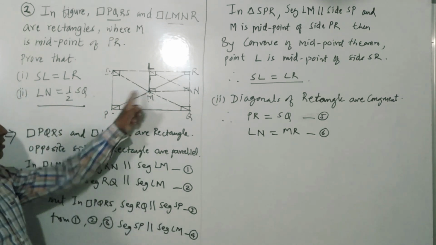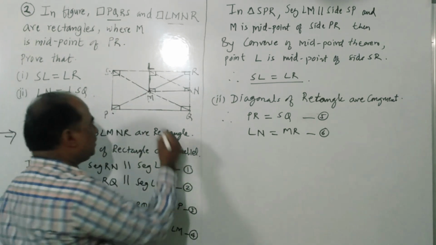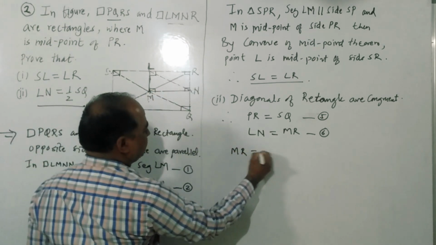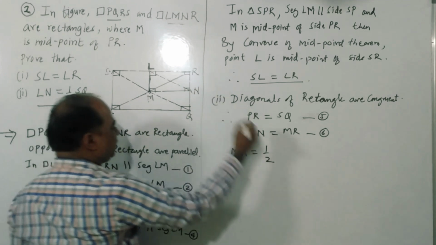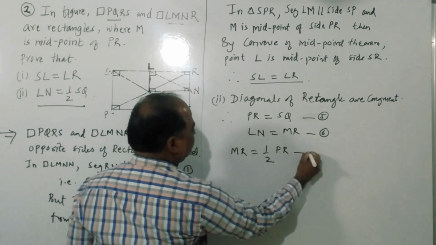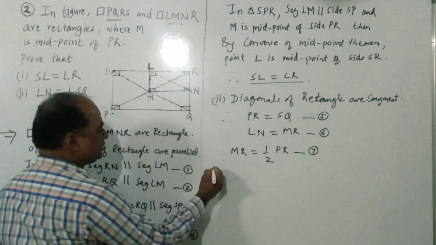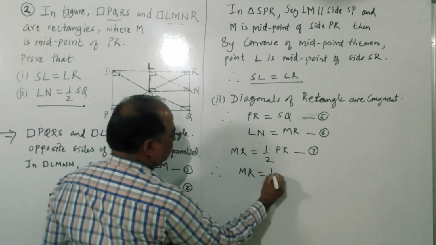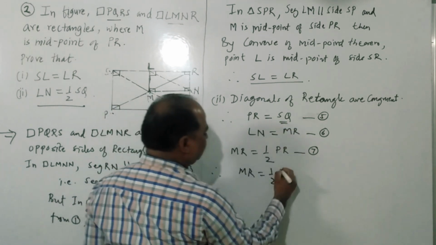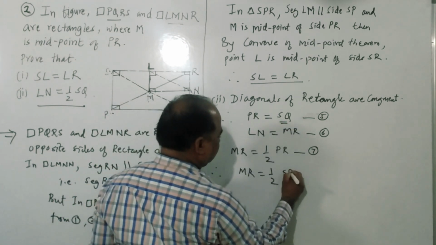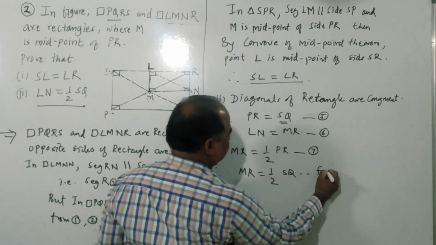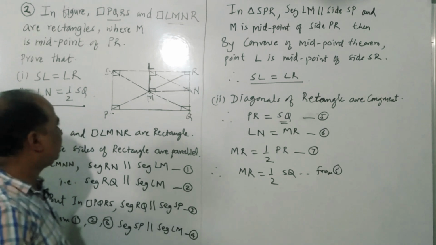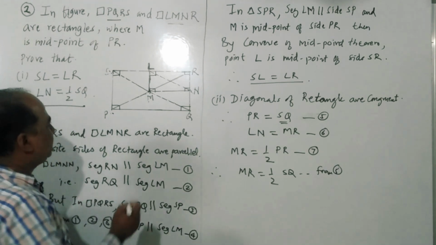Now M is the midpoint of PR. So MR is equal to 1 upon 2 length PR. That is, therefore, MR is equal to 1 upon 2 PR is equal to SQ from statement number 5. PR is equal to SQ, MR is equal to 1/2 SQ.